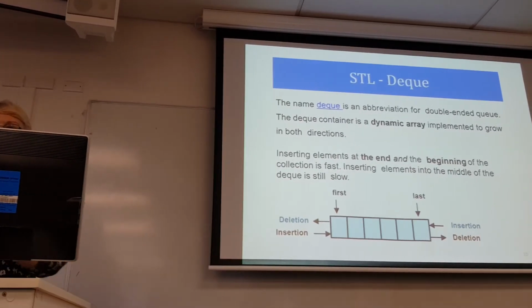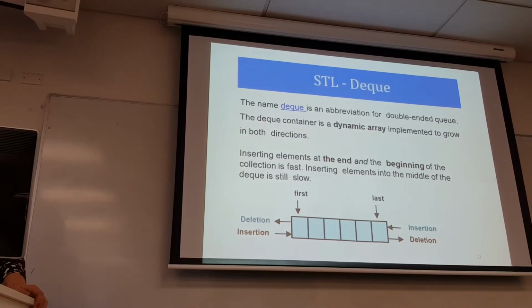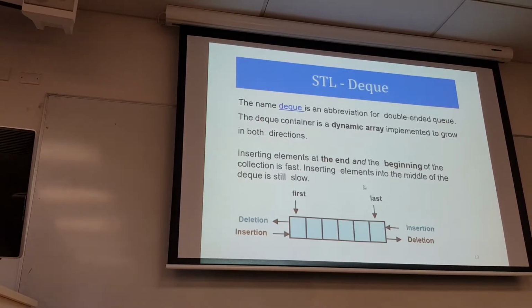You can't learn everything in one go, but it's good to know what is there and what the main differences are, not the details. So double-ended queue is the abbreviation, as you can see, and it's a dynamic array. It's designed to perform well when working at the beginning and at the end of the queue.